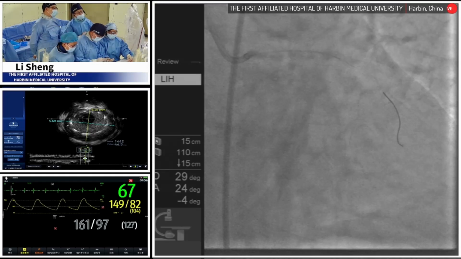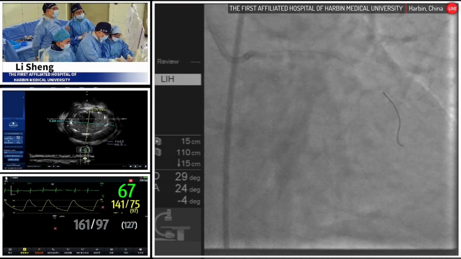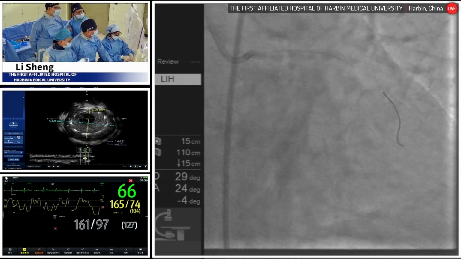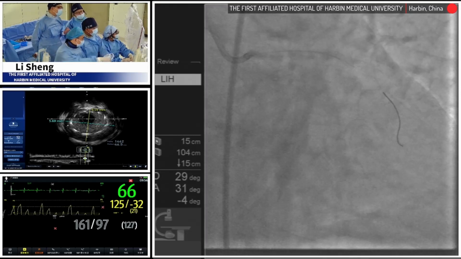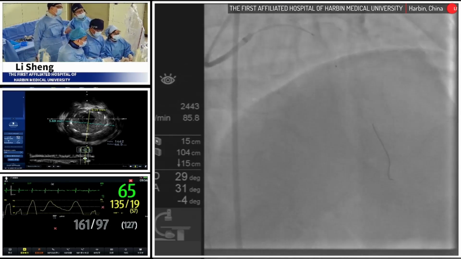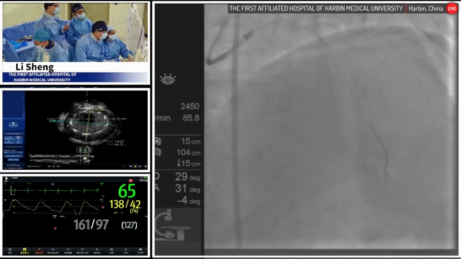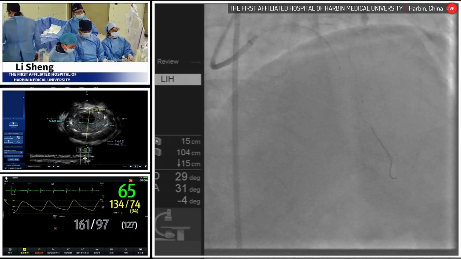Even here we can see the stenosis is more than 80% in the left main. This may be the culprit lesion for his TNI. But we should finish the RCA first because the RCA CTO is not so complex and it's much safer for the patient to do the RCA.